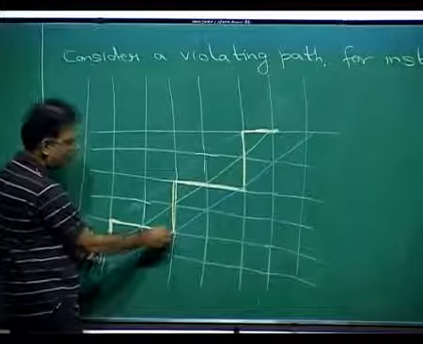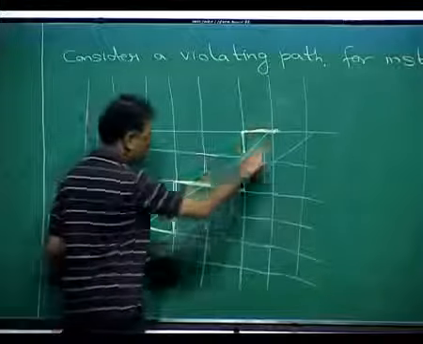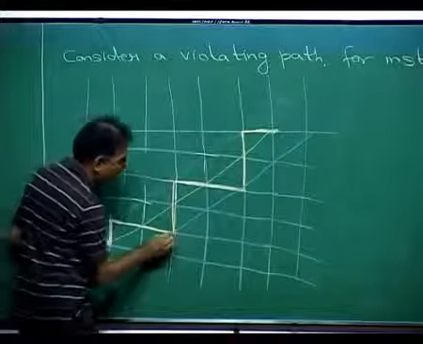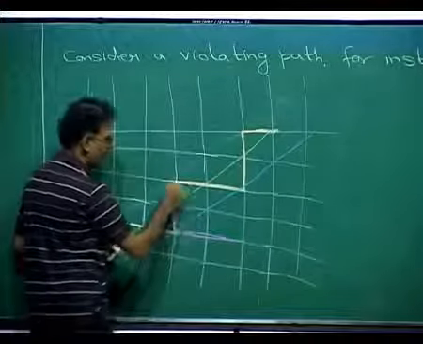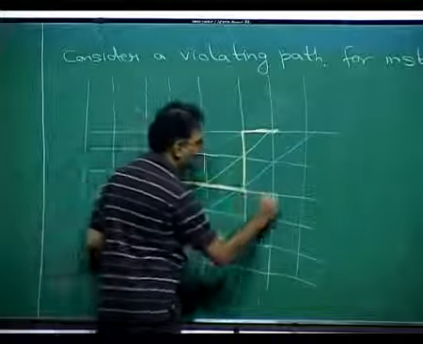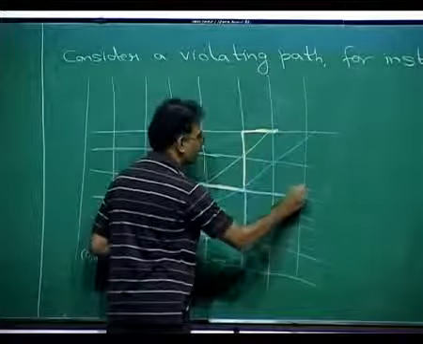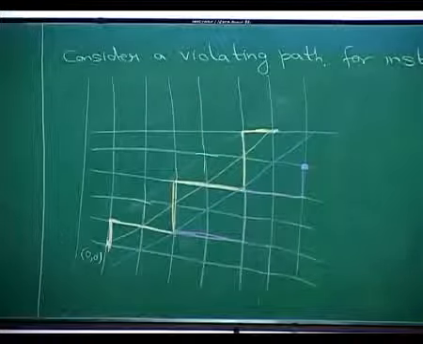Up to here it is the same as the original path. From here I start reflecting the entire path in this line. The reflection of this part is this, the reflection of this part is this, and so on. So finally I end up at some point.